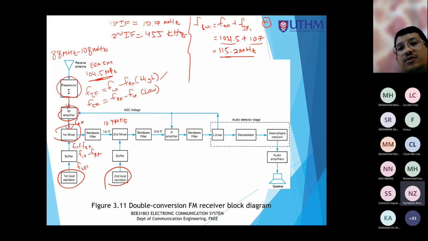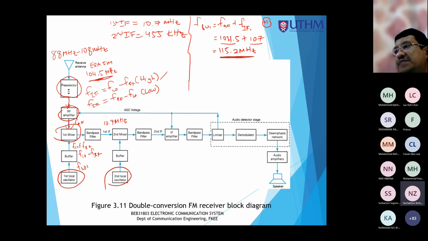That means I need a local oscillator frequency at 115.2 megahertz. So we can see how much is the frequency that we produce after the first mixer.